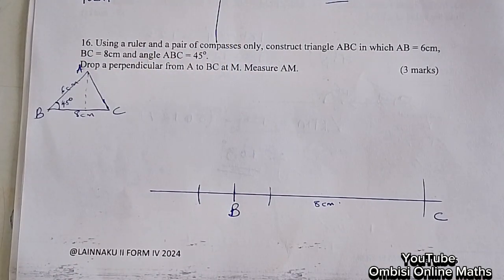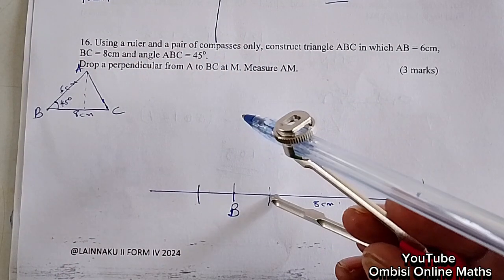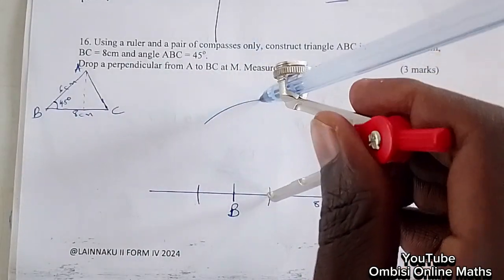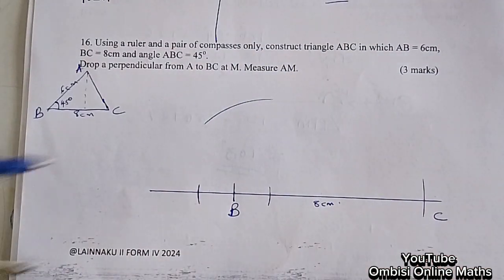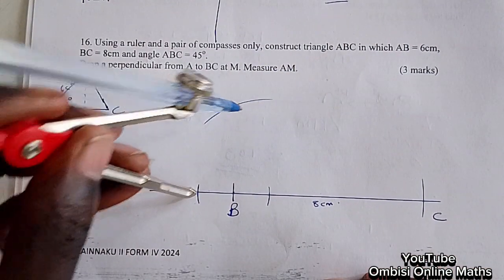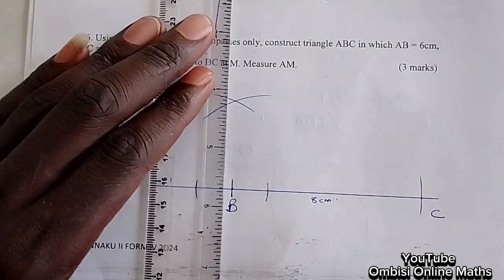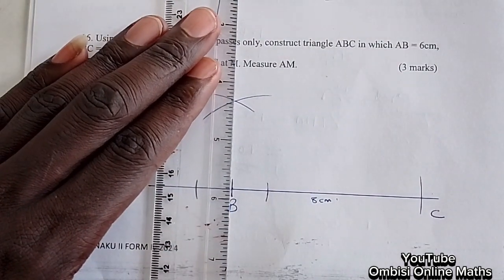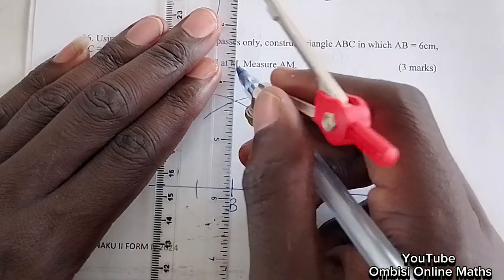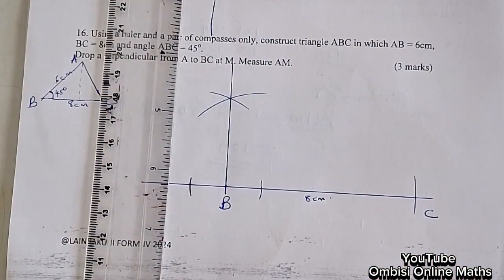After that, elongate, and make an arc using the marks you made on the line BC, also make an arc. If we connect where the arcs meet to B, that will create 90 degrees.